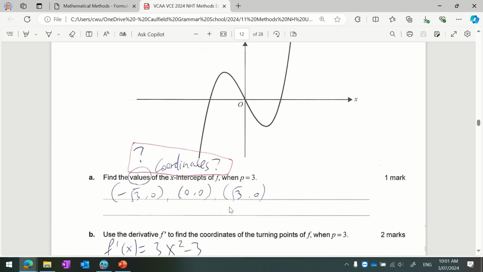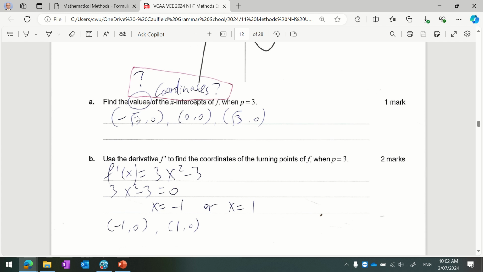But pedantically, the language here is not correct. There is no such thing as value of x-intercept, only coordinates of x-intercept. Hopefully, if I wrote down the actual coordinates of the x-intercept, this would still earn me the 1 mark, even if I didn't just write 3 numbers.